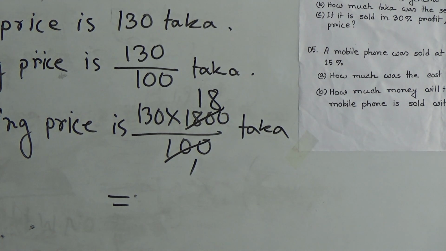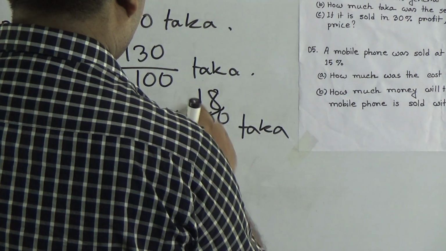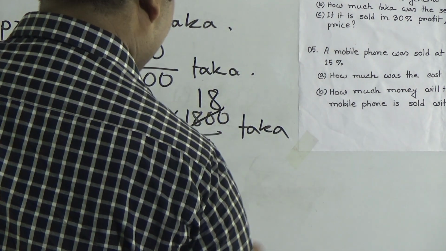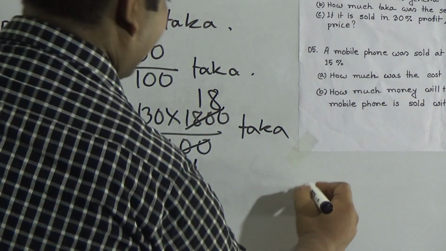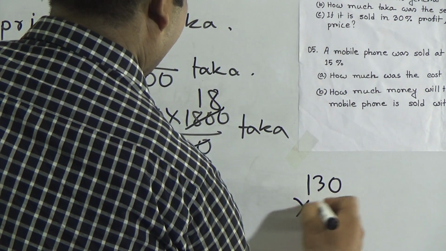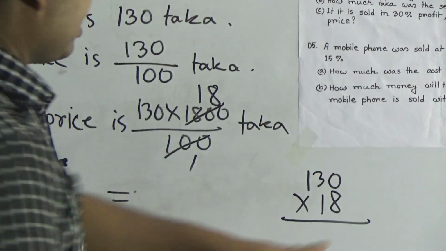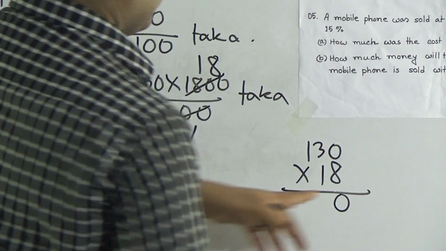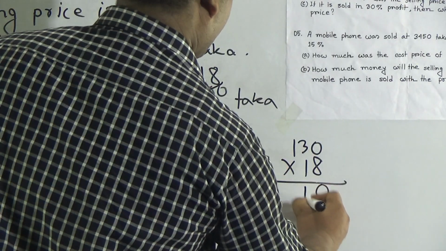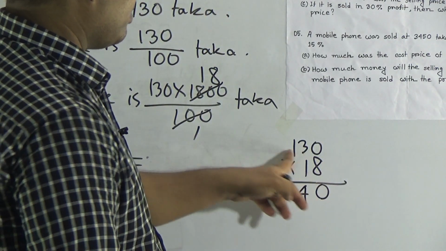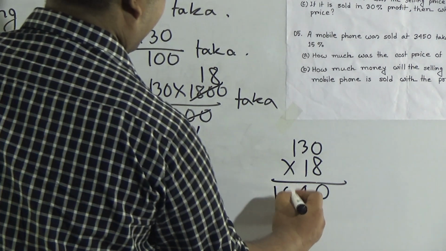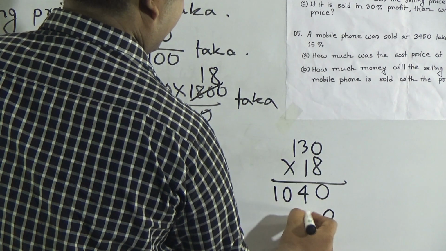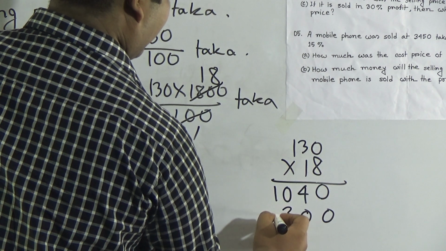Now notice here I write 130 multiplied by 18. 8 zeros are 0, 8 threes are 24, carrying 2, 8 ones are 8 and 2, 10, 0. 0 ones are 0, 3 ones are 3 and 1 one is 1.